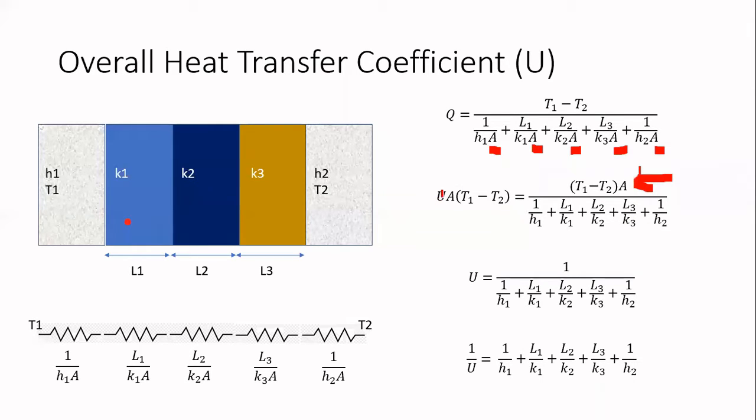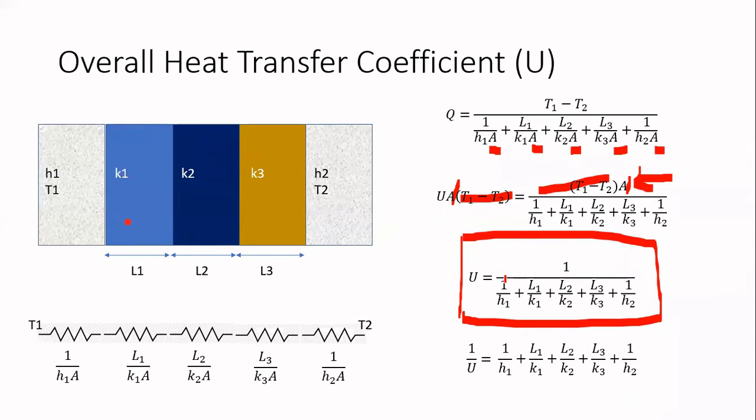Now in this step, we can cancel out the area, and T1 minus T2 and T1 minus T2, and we get that U is equal to 1 divided by 1 by H1 plus L1 by K1 plus L2 by K2 and so on. Now, if we take the reciprocal on both sides, we get that 1 divided by the overall heat transfer coefficient is equal to 1 by H1 plus L1 by K1 plus L2 by K2 plus L3 by K3 plus 1 by H2.